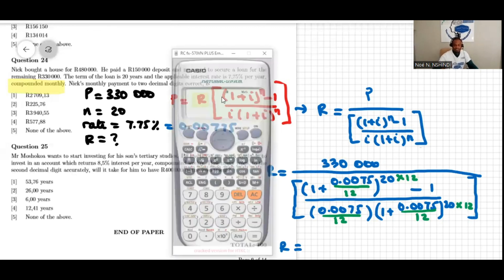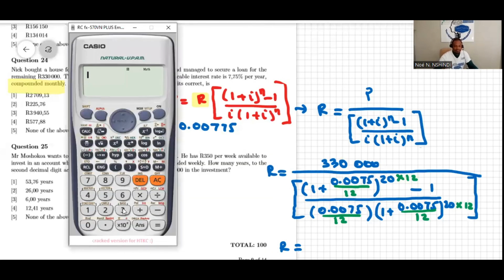Now R will be equal to what? If I use a calculator, we can write 330,000 over the open bracket 1 plus 0.0775 over 12, close bracket, to the power of 20 times 12, minus 1.